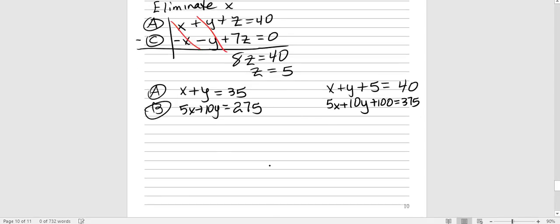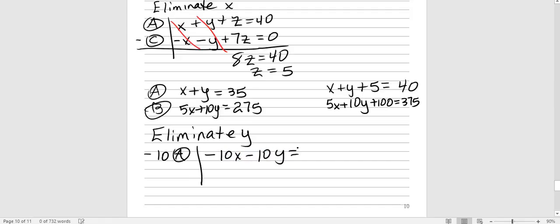And I'm going to choose to eliminate y first using this two-variable system which came from equations A and B. I'm choosing to eliminate y first because I see that I'll be multiplying A by negative 10, and 10 is an easy multiplier. And that's why I'm making this choice. So I get negative 10x minus 10y is minus 350.